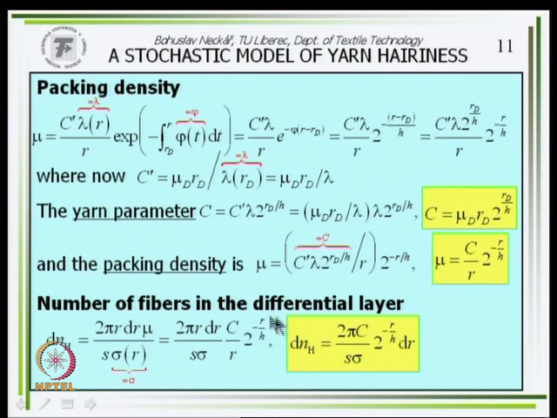Number of fibers in the differential layer, dNh, it was this here. We derived it on an earlier slide. Sigma r is now constant sigma, so that it is this here. And in place of mu here, we use this expression so that we obtain this here. And then dNh is equal to this expression.